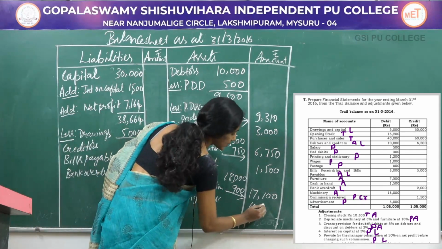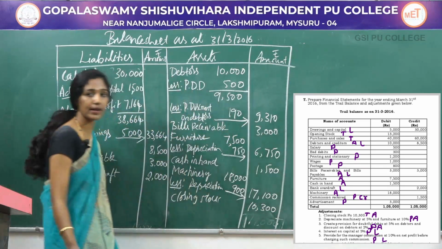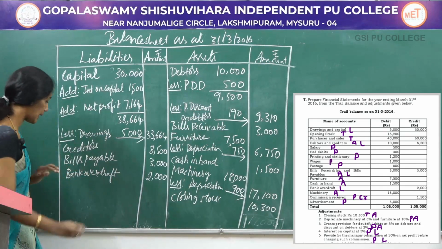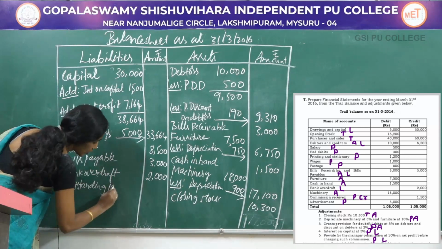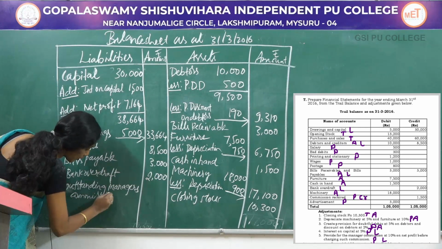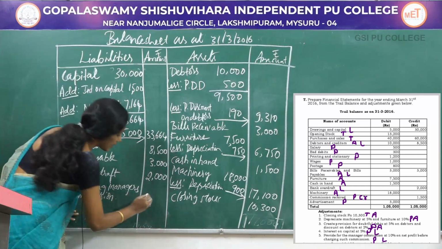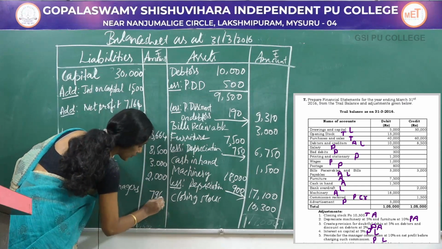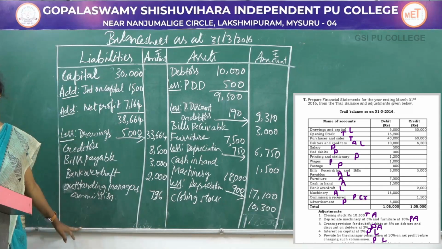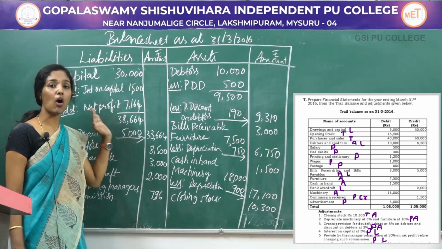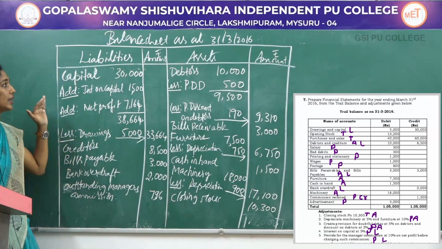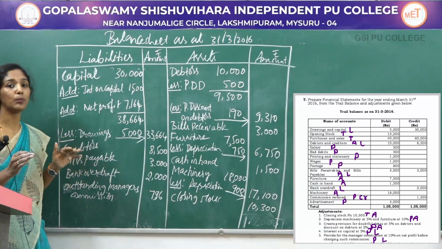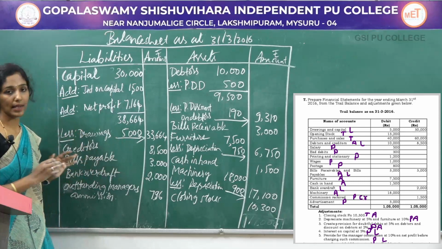Next, and the last item is closing stock. What is the amount of closing stock? 10,300. And the last adjustment is manager's commission. Outstanding manager's commission. We have already calculated it in the profit and loss account, so that amount has to be recorded. That is nothing but 796. After recording all the transactions and all the items and adjustments in the balance sheet, then you have to make a total of balance sheet.